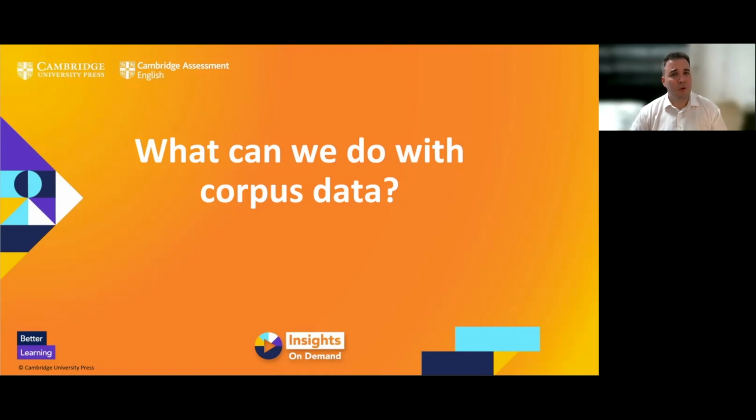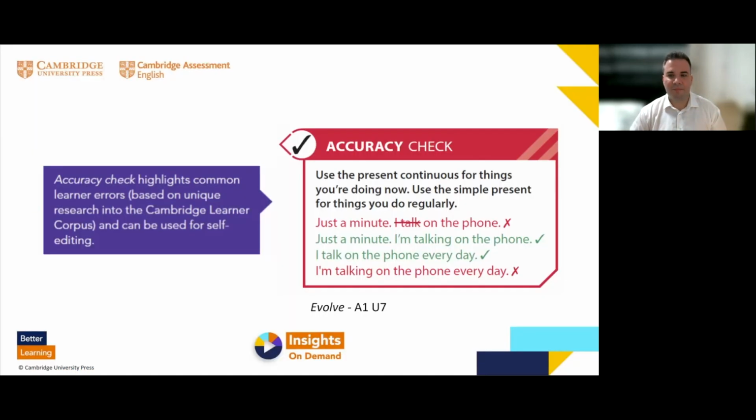What can we do with corpus data? We use the Cambridge Learner Corpus to inform all of our course books. Sometimes, like in this example, it appears on the page. We know that common learner errors can become fossilized if not addressed early on in the learning process.